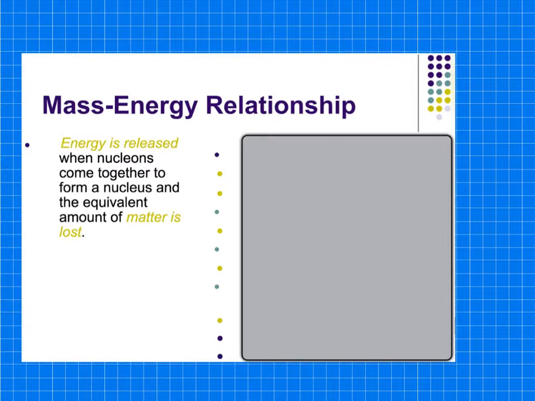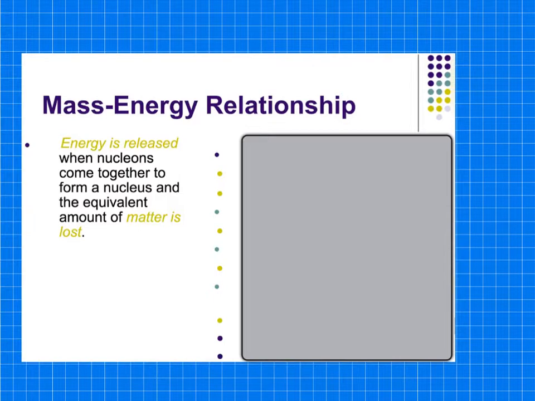Continuing on with Einstein's mass-energy relationship, E equals mc squared, we can see that when atoms are formed, and protons and neutrons come together to form a nucleus, some of that matter is lost. And where does it go? Well, it essentially burns up and is emitted as energy.